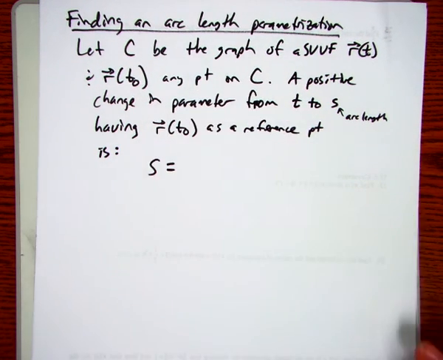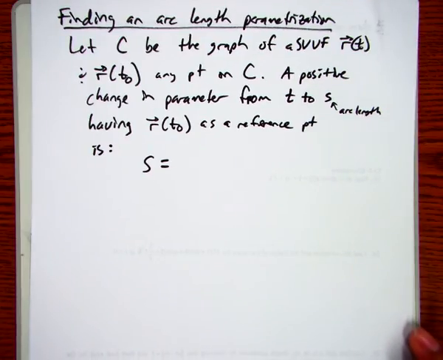is going to be what? You probably already know. We've talked about arc length with a specific case with the circle. Have we talked about how to find arc length? What's the formula?